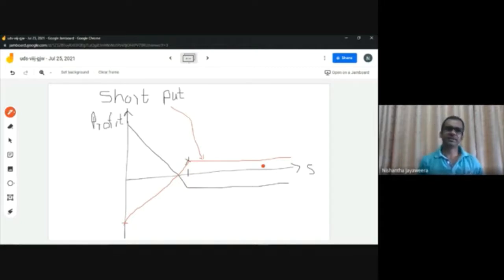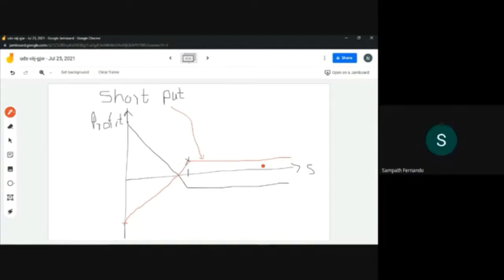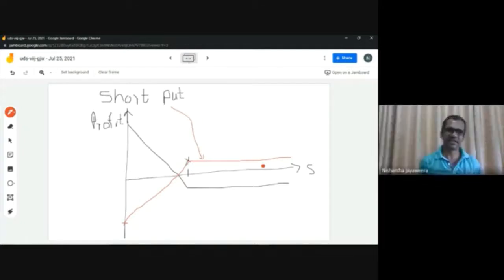Loss is unlimited. Gain? It's the premium. It is only the premium. So the gain is limited, equal to the premium. The maximum gain the option seller receives is the premium.